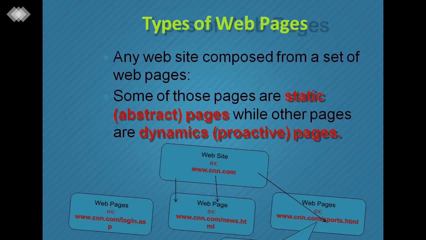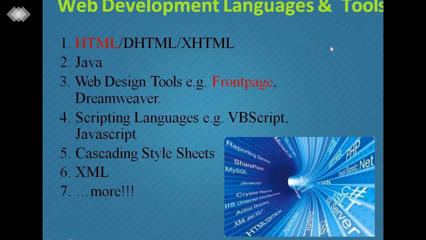A website is a collection of web pages, and web pages consist of two types, static and dynamic.